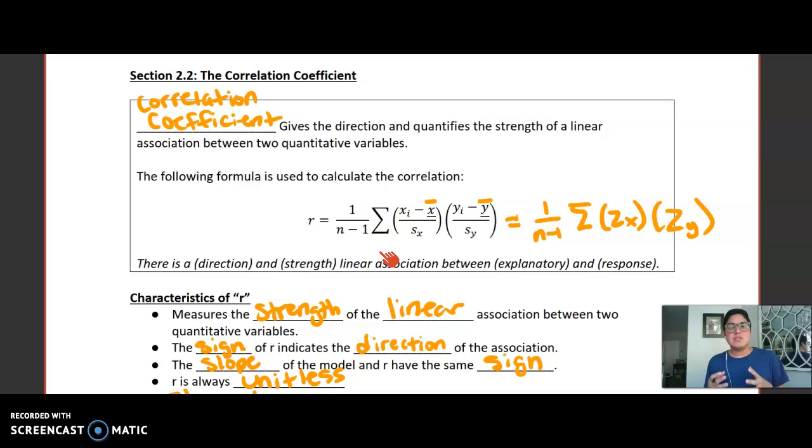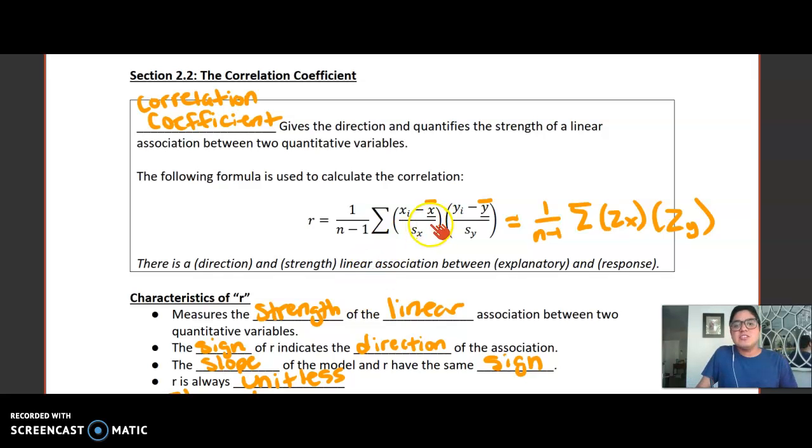And we actually use the following formula to calculate the correlation, r equals 1 over n minus 1. This fancy symbol here is called a sigma, and it means the sum of the observations. And when we see observation minus average over standard deviation, hopefully our mind goes to z-scores when we're using standardization.